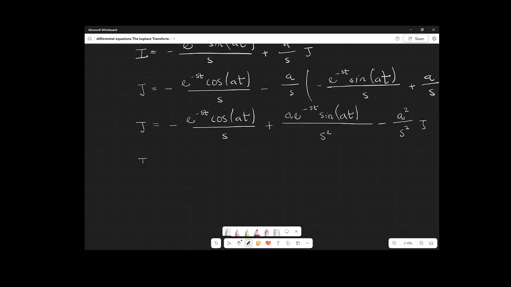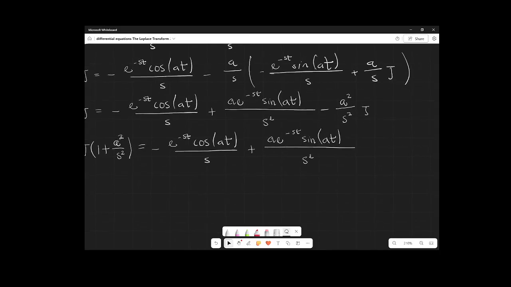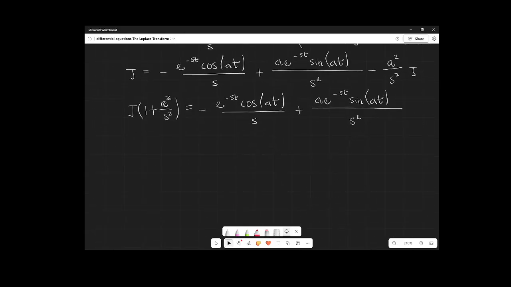I'm just going to factor out the j also, and we'll have 1 plus a squared over s squared equals this. And then factoring out the right-hand side and dividing through by this term, sorry, I should make that clear.